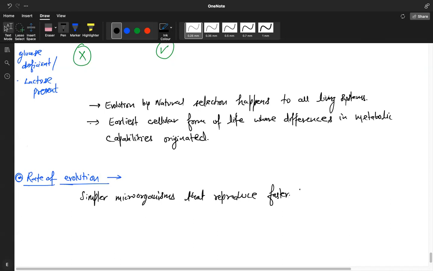Viruses reproduce the fastest, right, and make millions of copies. That's why in December 2019 we got COVID. Just after a few months we got other strains: alpha, beta, delta, kappa, gamma, omicron, epsilon. We already have more than 25-30 strains, different types of coronavirus.